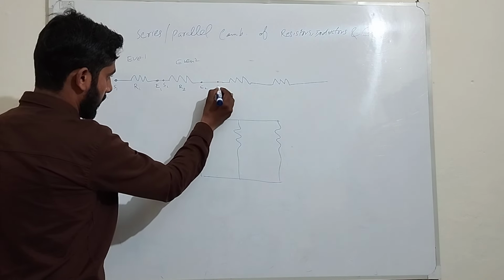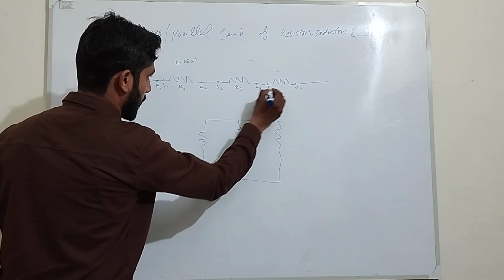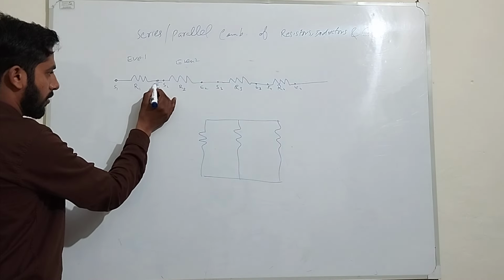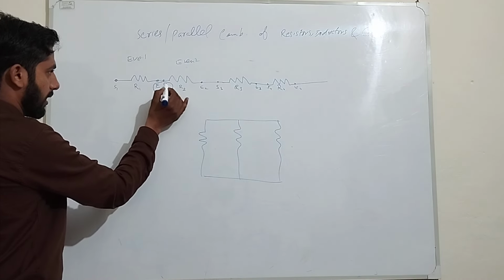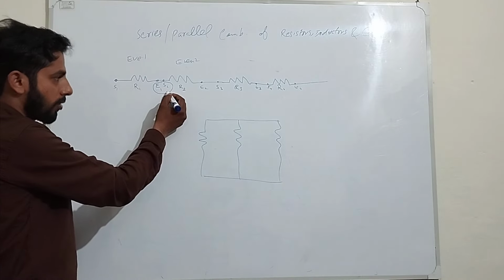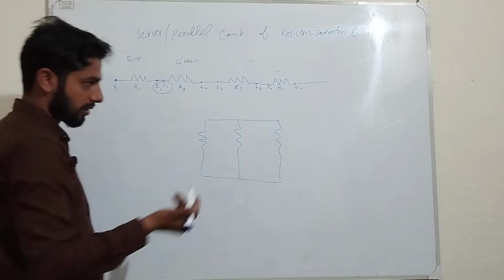Similarly S3, E3, S4, E4, R3 and R4. So see here, the start of a resistor is joined with the end of another resistor, or the end of a resistor is connected to the start of another resistor. This is the series combination.